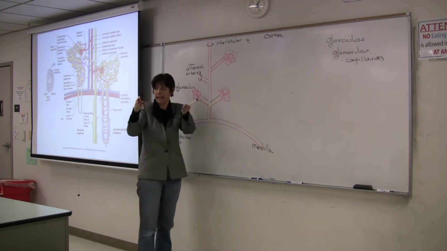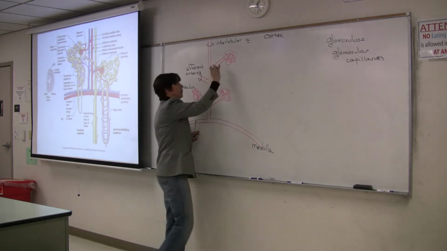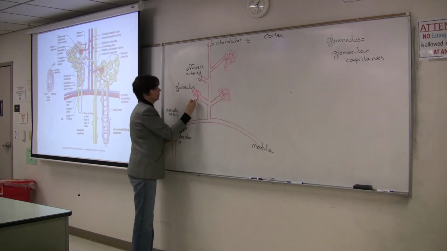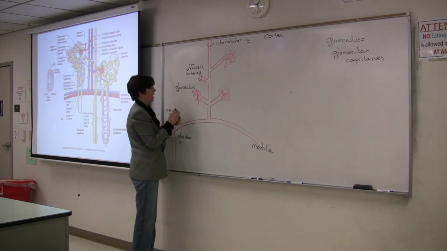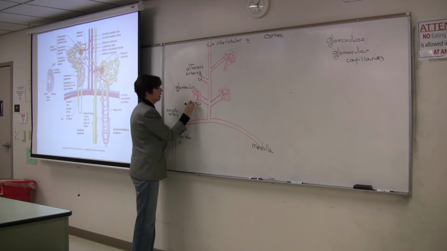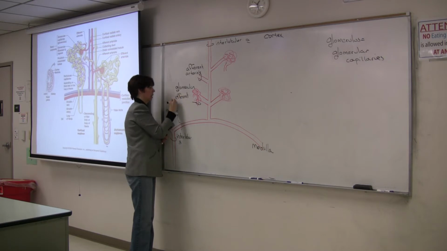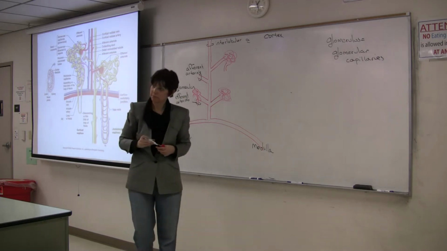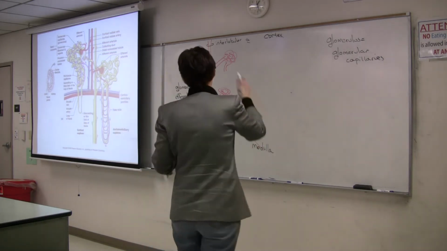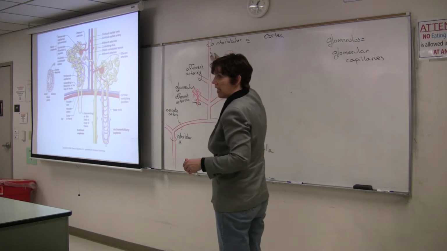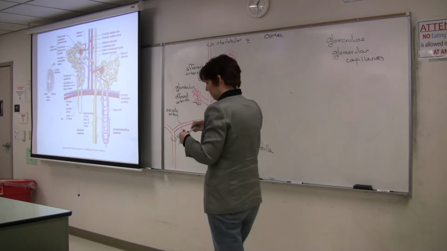Then the capillaries come back together to form a single vessel again, known as the efferent arteriole. A bit unusual to have an arteriole and a capillary bed and then another arteriole.